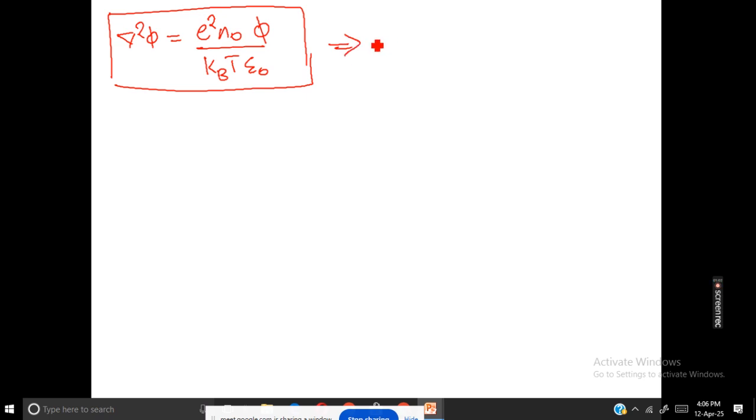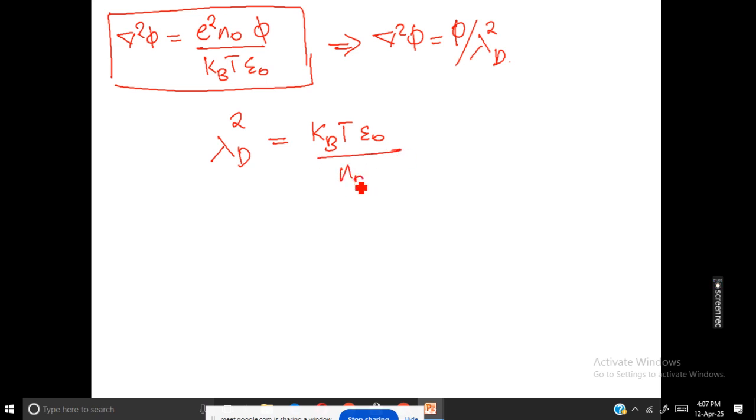Or we can write del square phi is equal to phi by lambda D square, where lambda D square is given by kB T epsilon 0 by N0 e square, or lambda D is equal to root of kB T epsilon 0 by N0 e square.